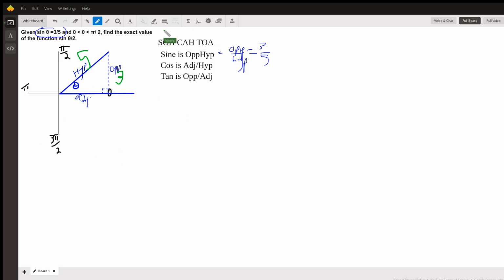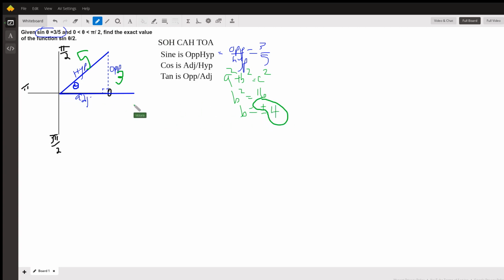So then we're going to go a squared plus b squared equals c squared. And we're going to find out that b squared is 16 and that b is either plus or minus 4. Now it's important to know which one it is because we are here where x is positive, so we're going to use the plus.